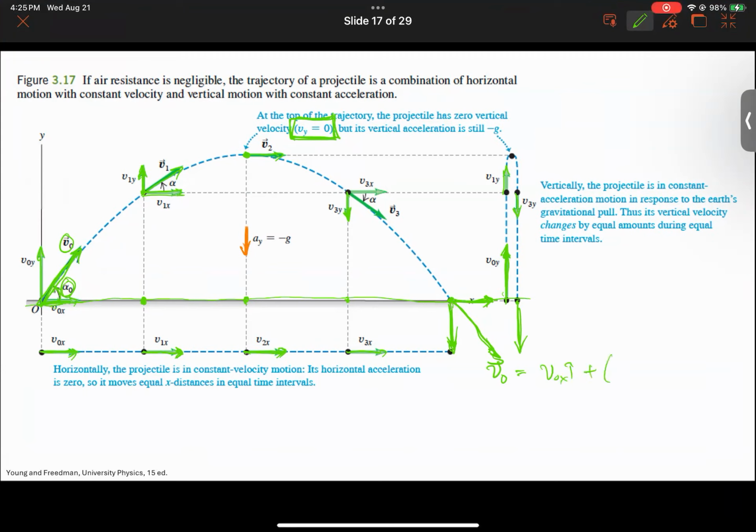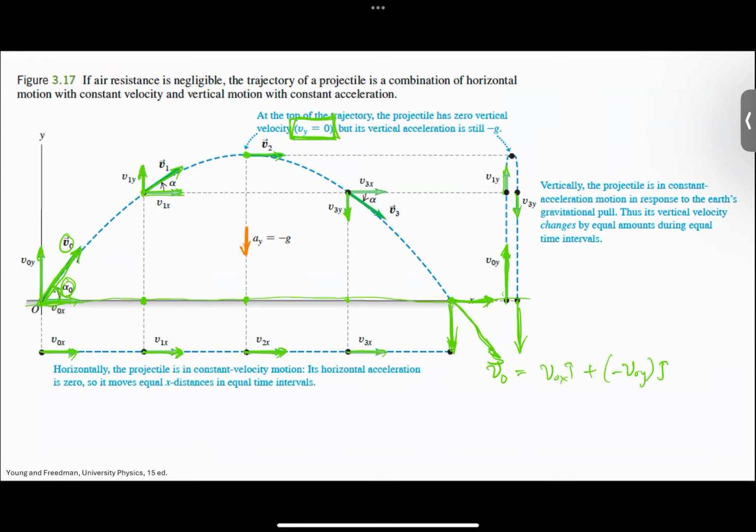Okay. Pero tas ito naman negative v naught y. Okay, so opposite in direction dito. So this is negative v naught y. So v for y is just negative v naught y at the same level.